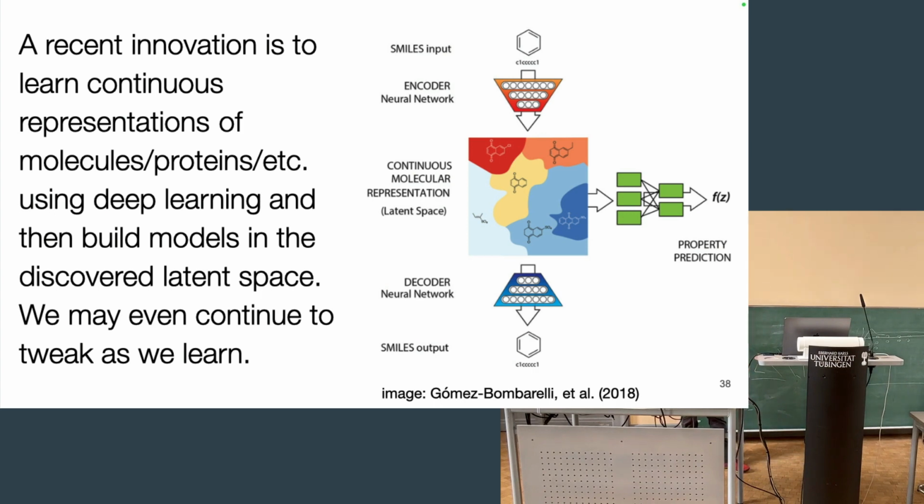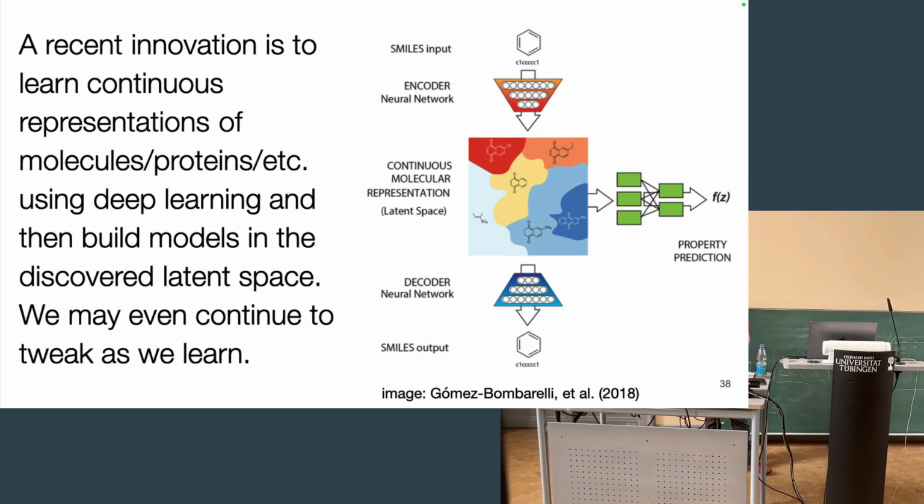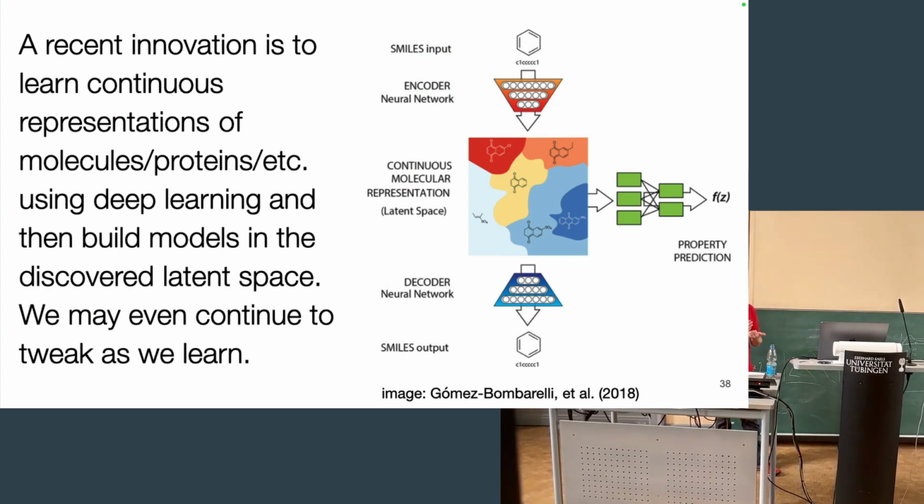And a recent innovation that's been making a lot of inroads, especially in molecular design or gene or protein design, is for situations where the design space is naturally discrete. So either a large space of molecules, or gene and protein design, which is effectively optimization over a high-dimensional string.